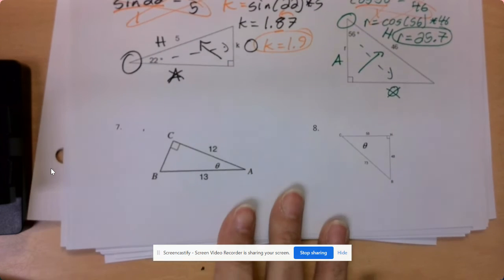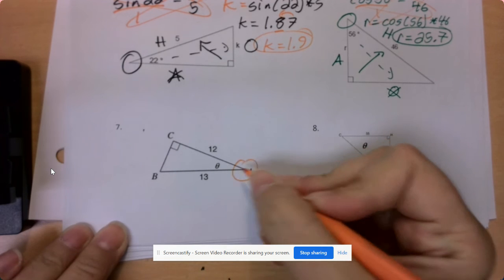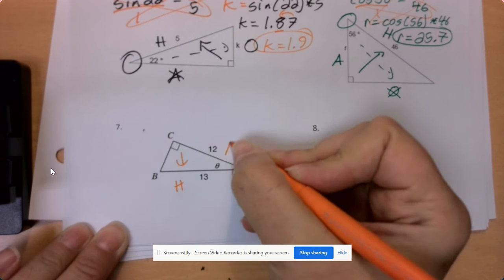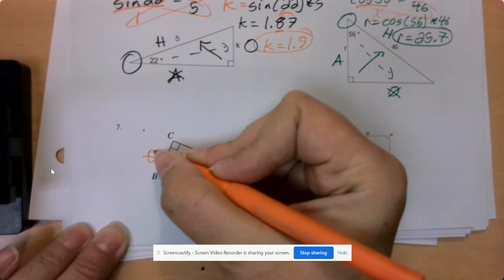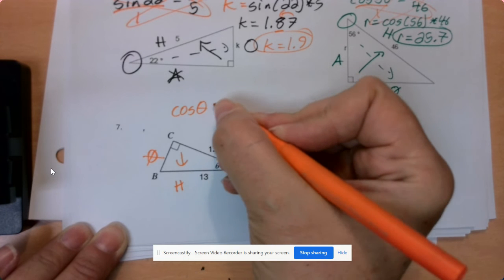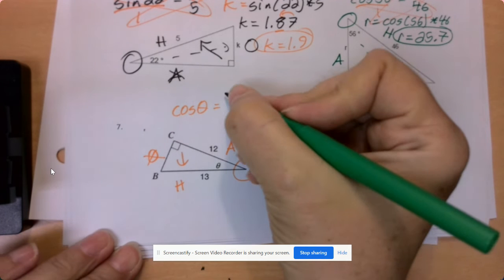Okay, so this one we're looking for the angle. If we're looking for the angle, everybody, we're going to use inverse, but we're still going to label the sides. Nothing here for opposite, so I'm going to use cosine. Cosine of theta is equal to adjacent over the hypotenuse.